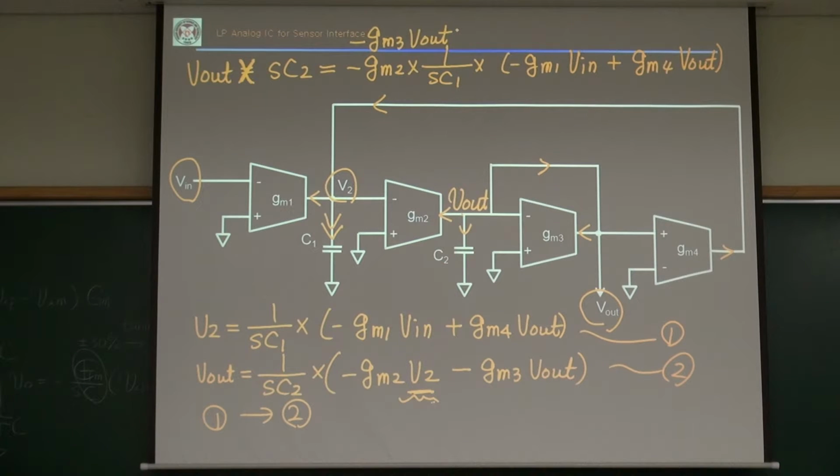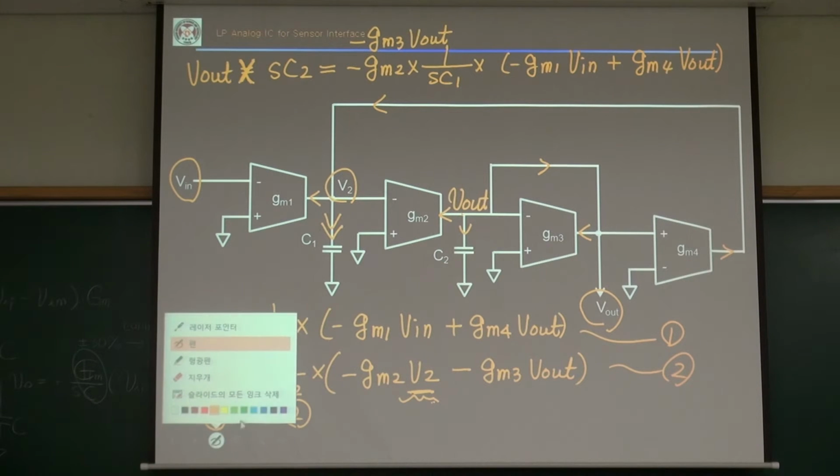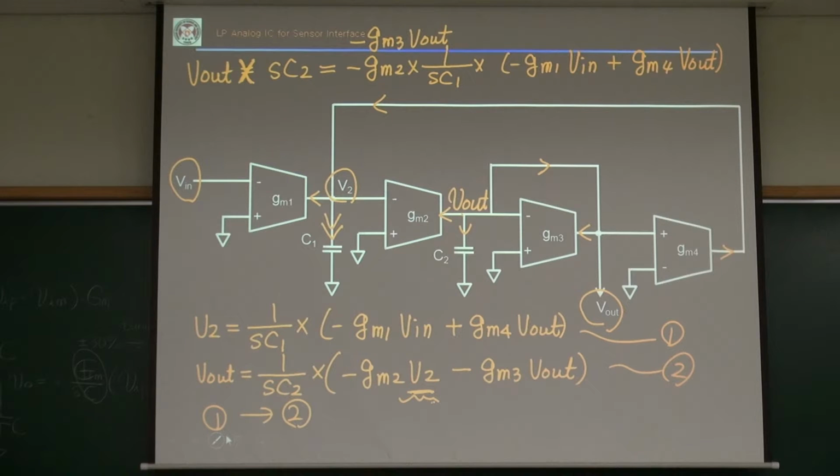So I collect all the V out terms here. How can I collect my V out terms? I want to multiply by SC1, okay? Then my V out times S square C1 C2 equals minus GM3 SC1 V out plus GM1 GM2 V in, minus, is it minus?